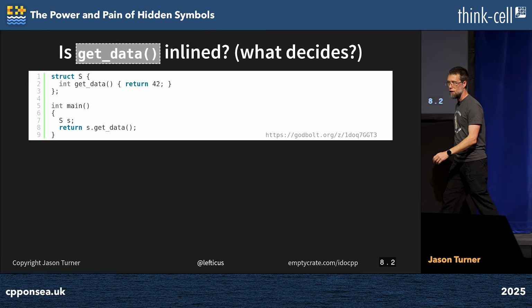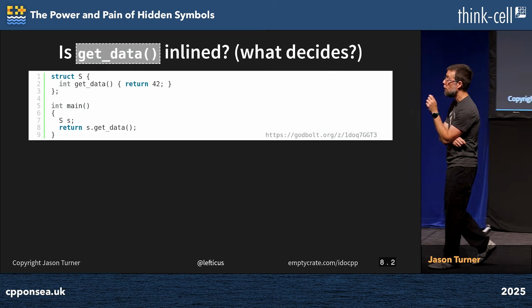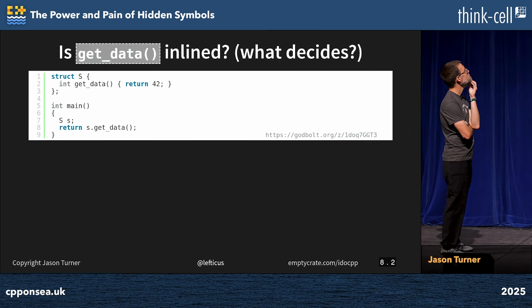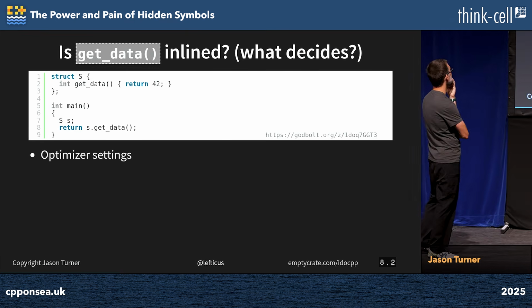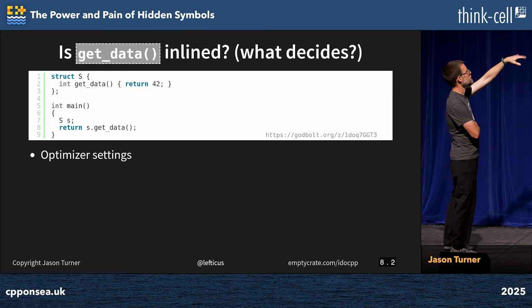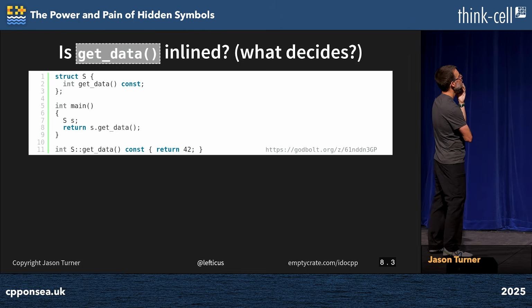Is get data inlined? Oh no. Is get data going to be inlined? What decides here? Yes. No, it's optimizer settings here. This is an implicitly inline function because it is defined inline in the struct definition, if I have that right.